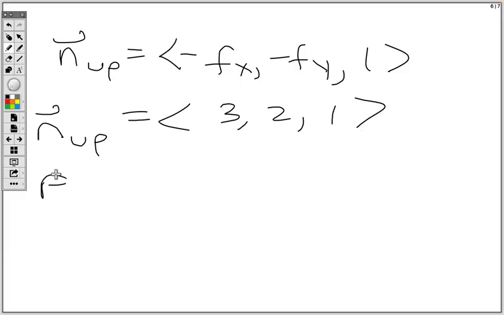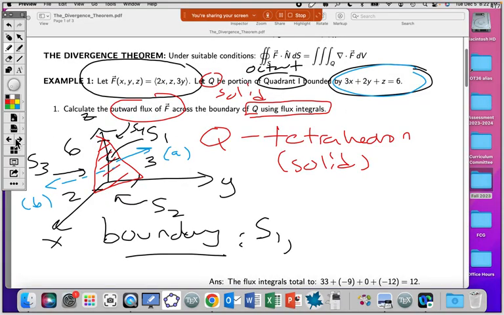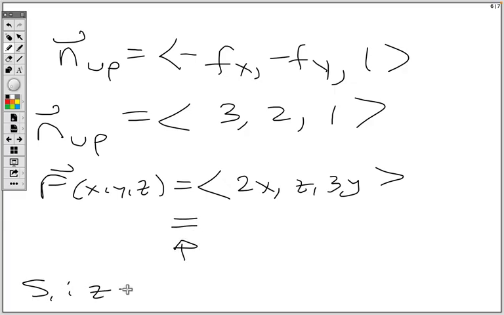All right, now I go look at my field, F of x, y, z. And the field is 2x, z, 3y. But on the surface S1, the surface is given by z equals 6 minus 3x minus 2y.